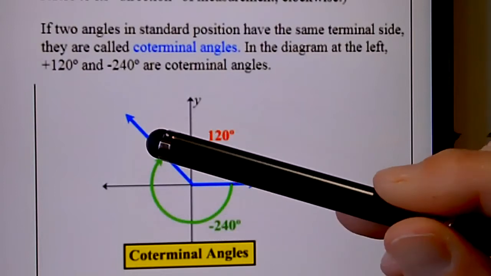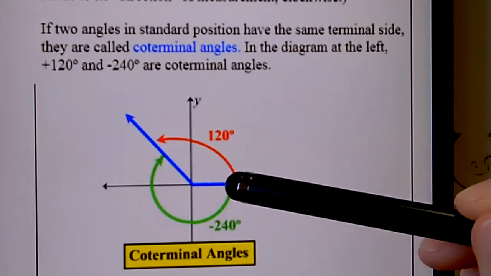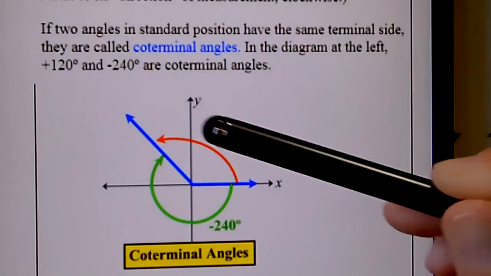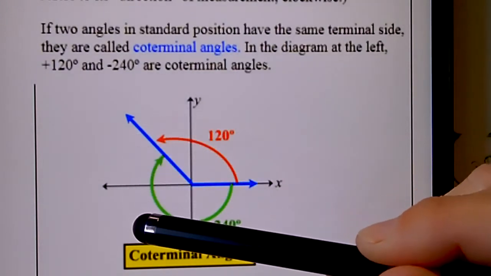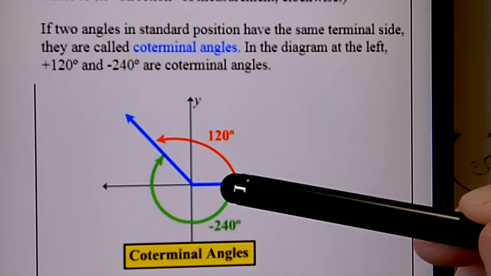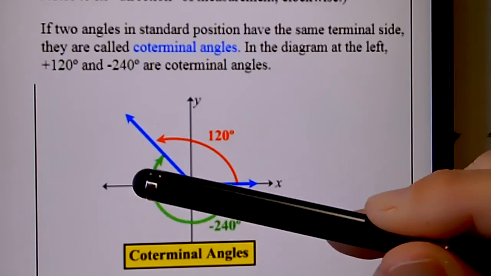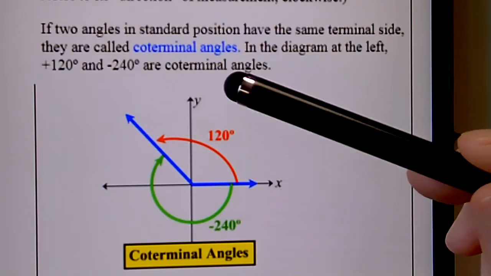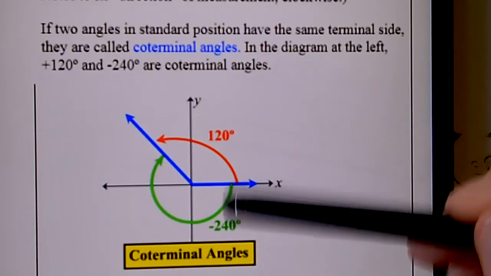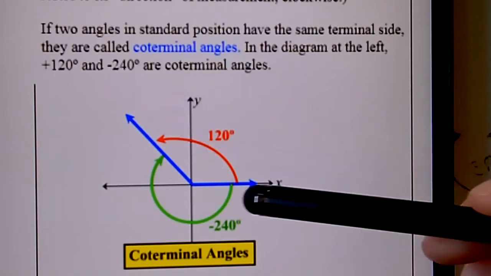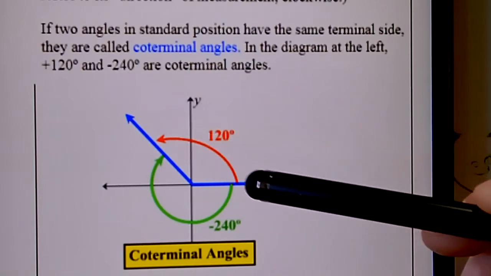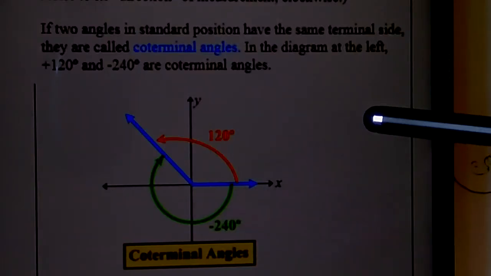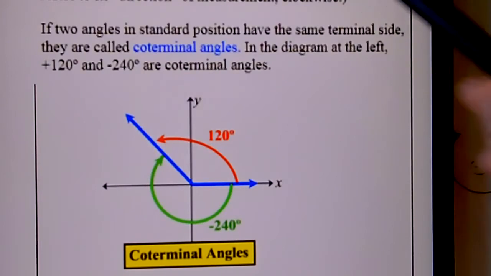So if this is 120, then what's left over is 240, but I'm not going 240 in the positive direction, which would put me down in quadrant 3. I'm going 240 this direction, and it's going to put me in quadrant 2. So in the diagram down here, you have a positive 120 degrees and a negative 240 degrees, and those are called coterminal angles.